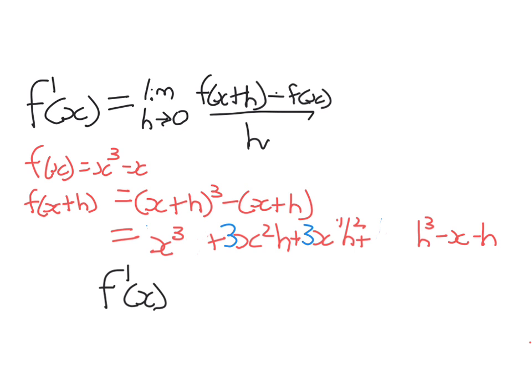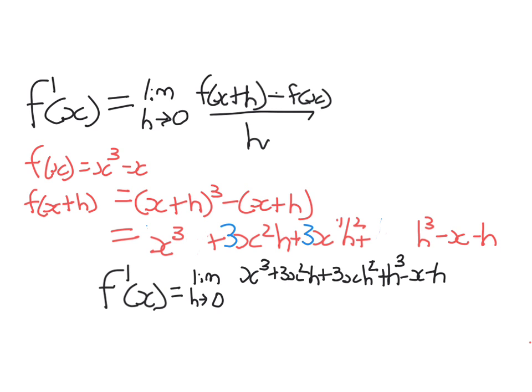So the derivative is going to be the limit as h approaches 0 of f of x plus h, this long expression here, minus f of x, so we're going to minus that part here, so that gets minus x cubed, and then minus x obviously becomes positive x. That's the top, and on the bottom, it's always just h.